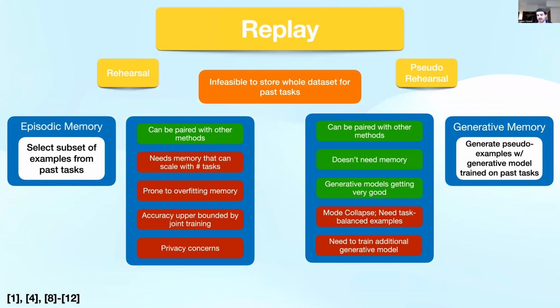This completely gets rid of the necessity for some kind of memory bank, which is a very good thing. But on the minus side, you have to take care of this generative model, and these things can be a pain. They suffer from mode collapse, and you need to balance your examples really well. Otherwise, things can go wrong.